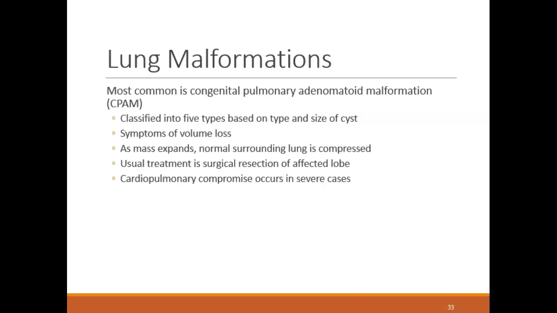These affected parts of the lungs are not going to participate in gas exchange. Usually treatment is going to be a surgical resection, taking that out. In severe cases, the patient can have cardiopulmonary compromise.